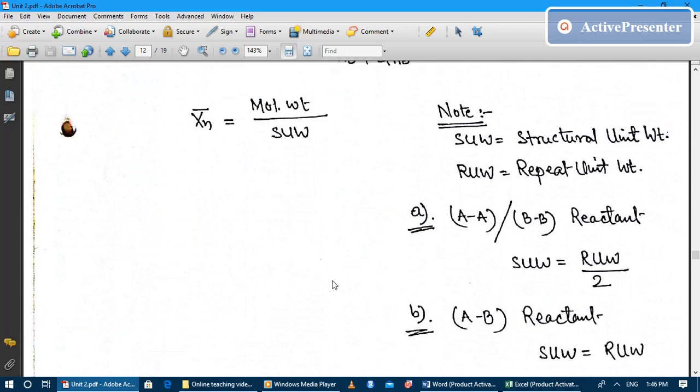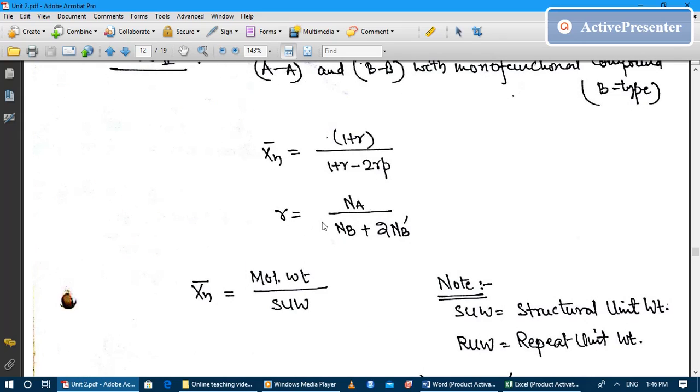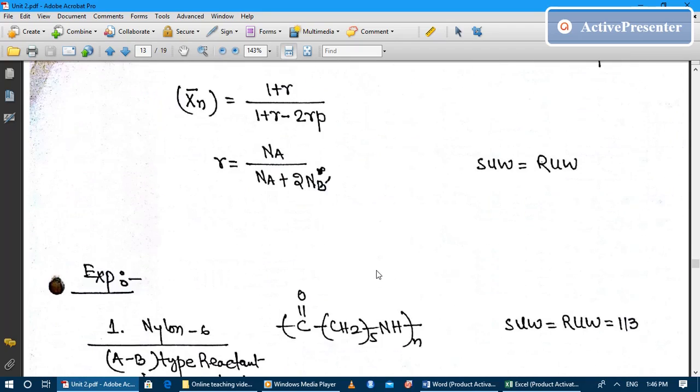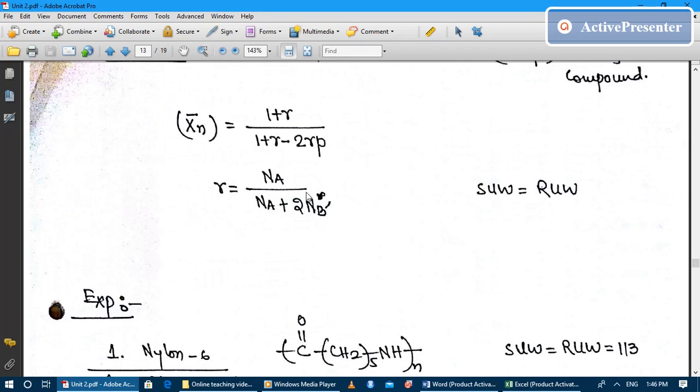Okay, in the previous formula here r was Na over Nb plus 2Nb dash. In this case it is Na over Na plus 2Nb dash, and in this case structural unit weight is exactly equal to repeating unit weight.